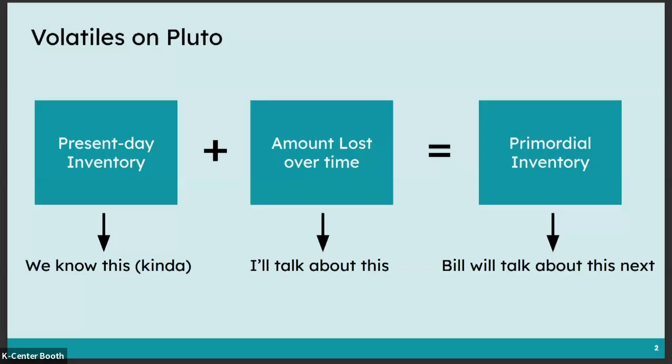What I'll talk about mostly in this talk is what could have been lost from Pluto over time. And then in the second half, Bill will come in and talk about what we think the primordial inventory of Pluto could have been, so what it initially started with. If we add up these first two reservoirs, you get the primordial inventory.